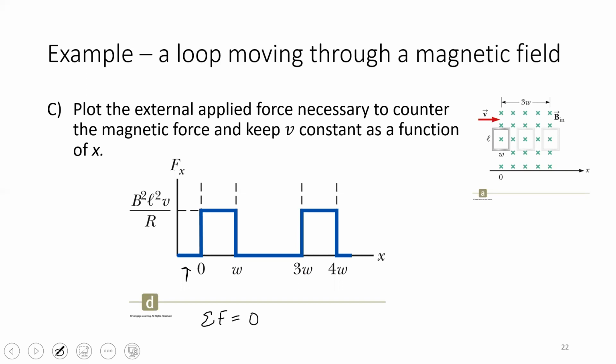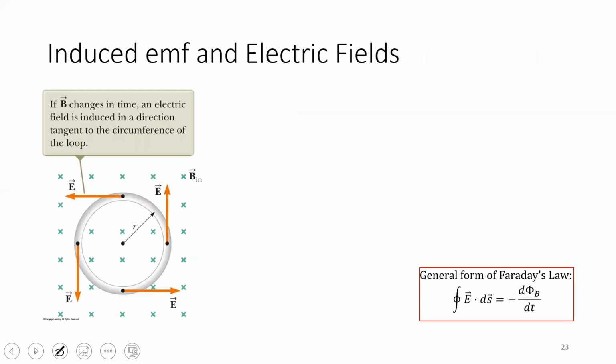So this applied force has to counteract the magnetic force that our loop is feeling. And it's only going to feel that force as we enter and exit the region of our magnetic field. All right, that's a good place to pause and pick up with the next video.